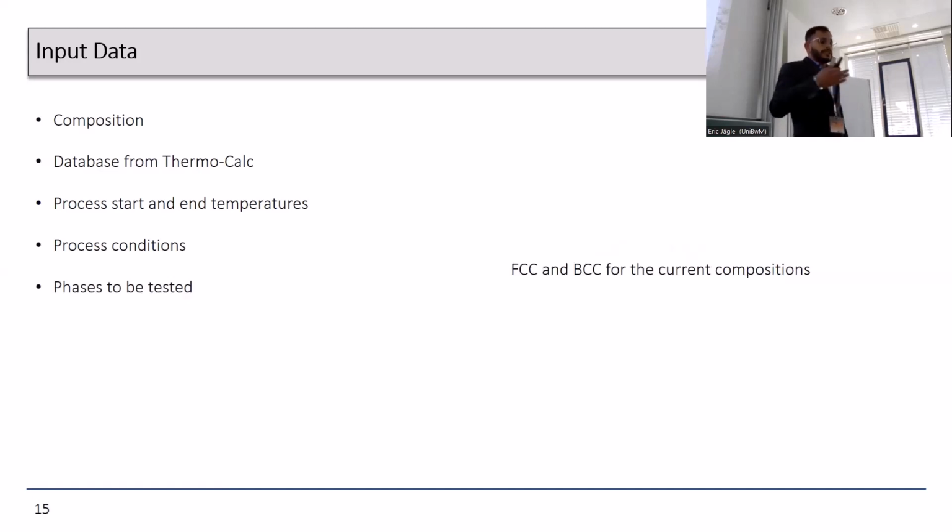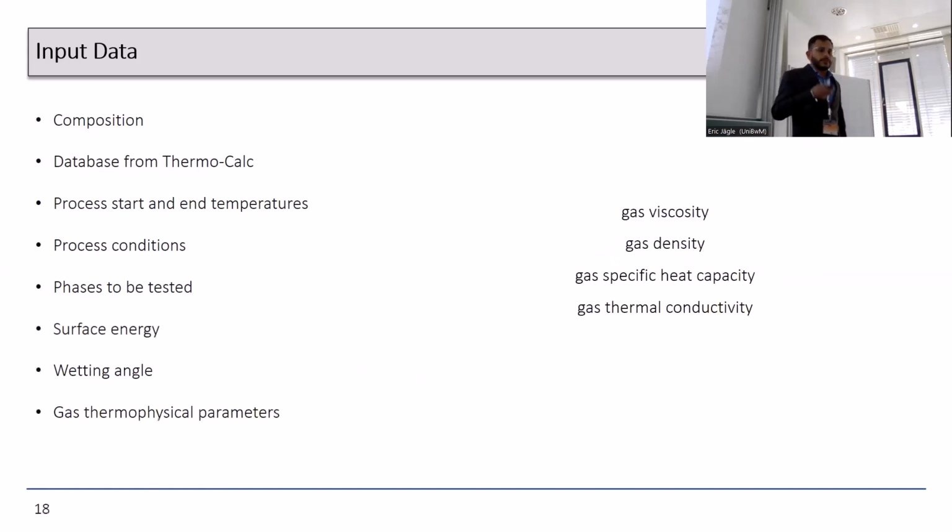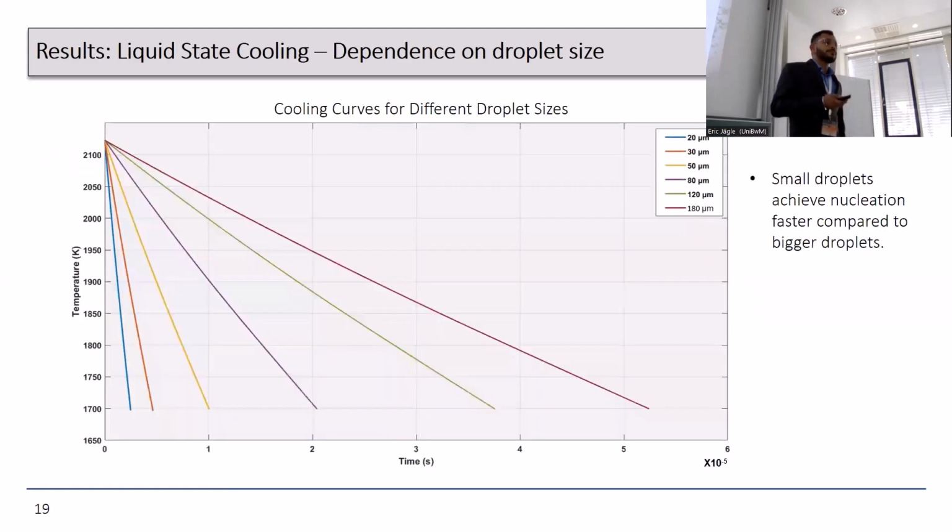The user has the flexibility to test any number of phases for nucleation, and the program says which phase nucleated first. Then the surface energy, the wetting angle between the liquid and the first solid phase, and the gas thermophysical parameters like gas viscosity, density, specific heat capacity, and thermal conductivity. So these are the limited amount of data that the user has to give to the model.